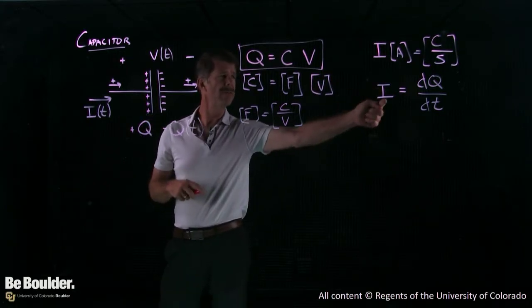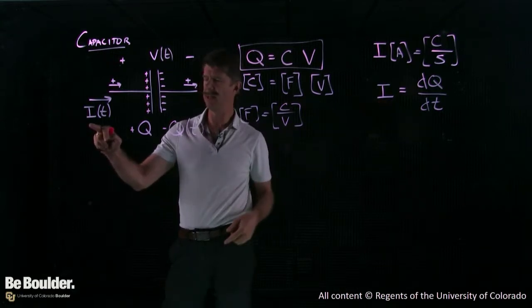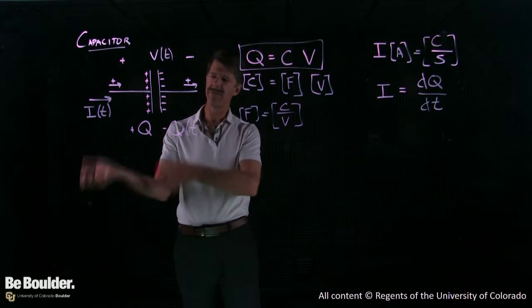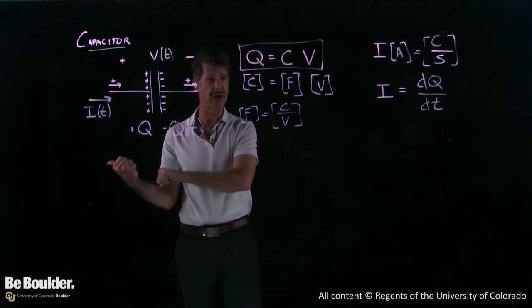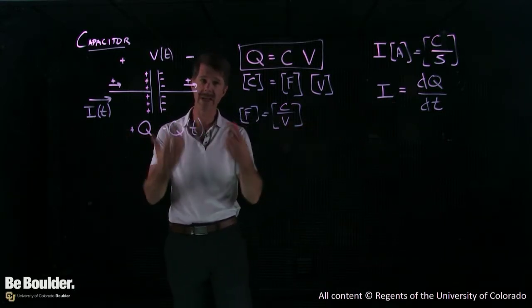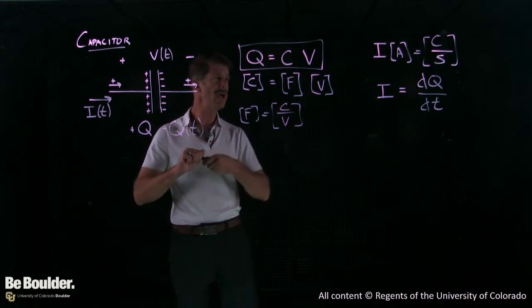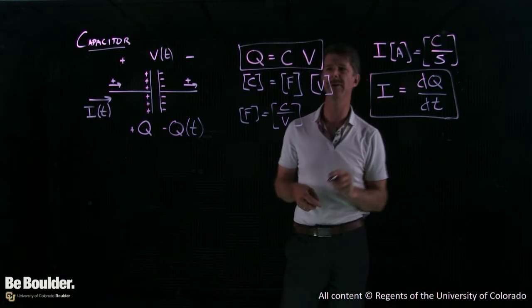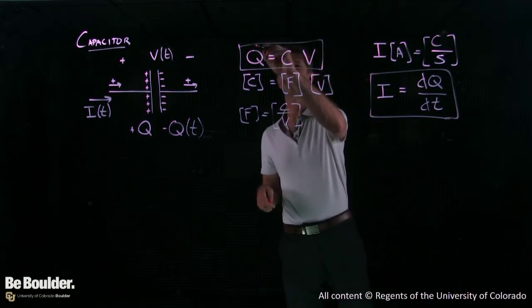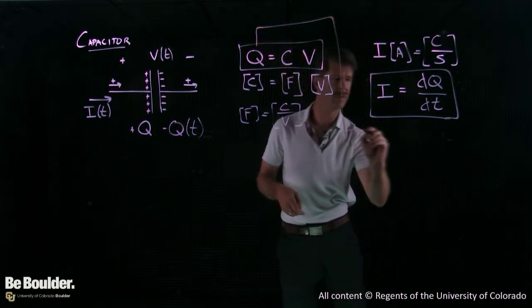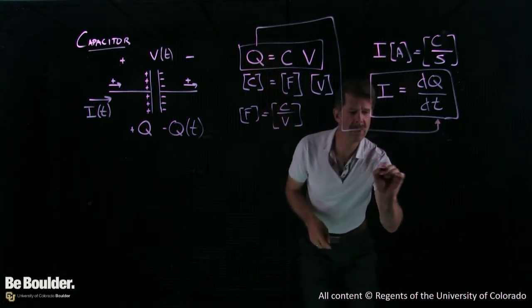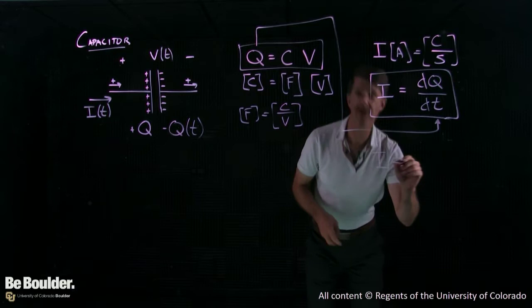So the current going into the device tells us the time rate of change of charge. We're filling or emptying the charge bucket, and the current tells us the rate at which that's happening. Now we have the things we need. Because if we put these two relationships together, in particular, we insert that charge in this expression, we get the IV relationship we were looking for.